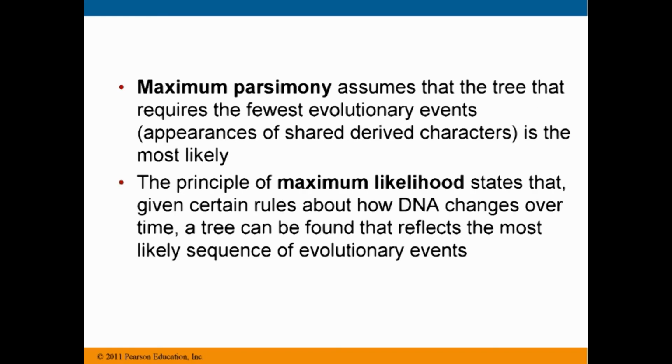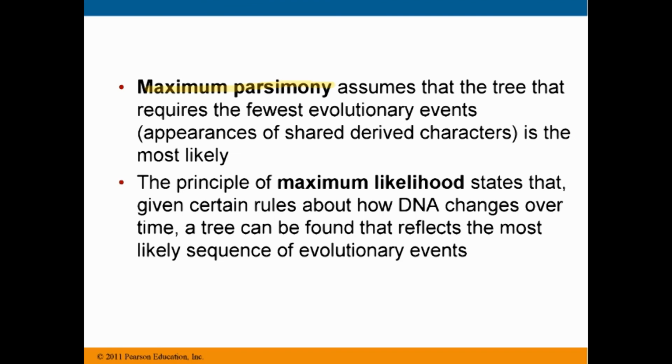Okay, so maximum parsimony assumes that the best tree requires the fewest evolutionary events. Okay, so the fewest appearances of shared derived characters is the most likely path that the organism took to evolve.